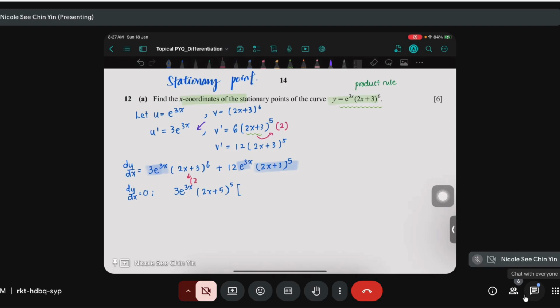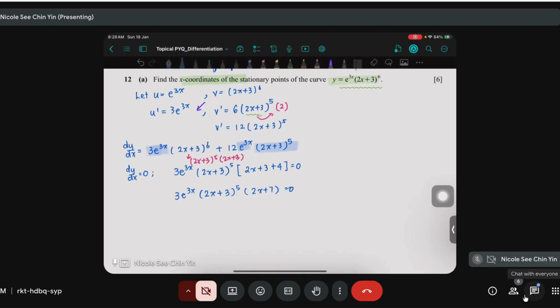This will be (2x plus 3) to the power 5 multiplied by (2x plus 3). So my 2x plus 3 for another power, I will put inside plus 3. Okay, and then 12 will become plus 4, equals 0. So continue to work it out. 3e^(3x) multiplied by (2x plus 3) to the power of 5. Okay, inside here I get 2x plus 7 equals 0.